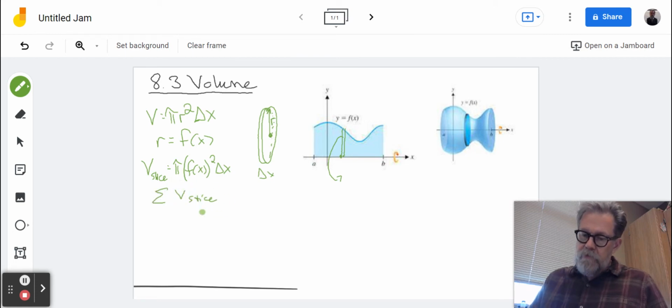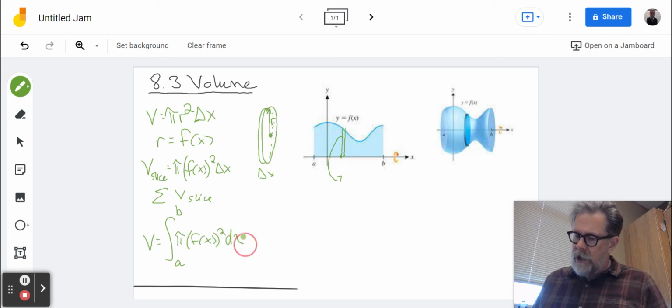Now, skipping ahead through all the, hey, let's take the sum of all the slices. The sum of all the slices, we've got a Riemann sum, which we can jump straight up to rewriting as an integral of pi f of x squared dx.